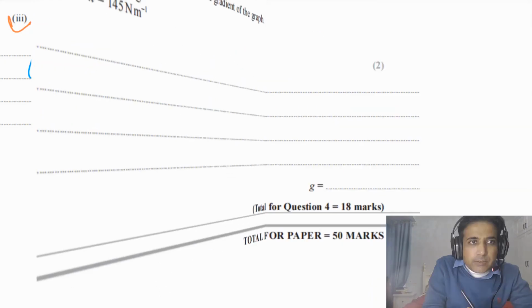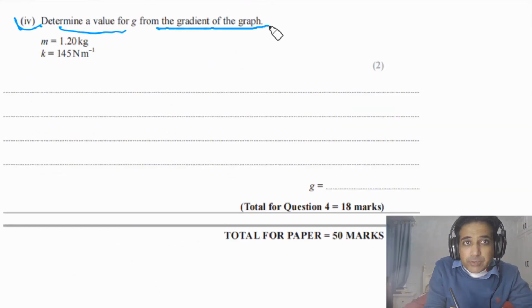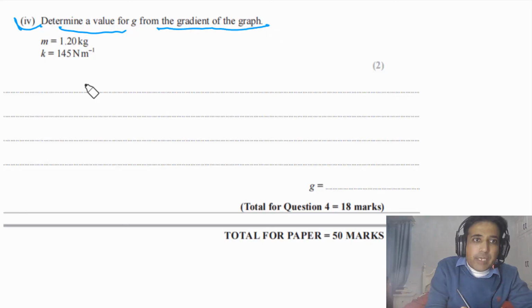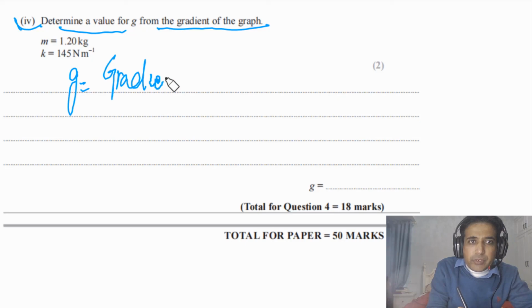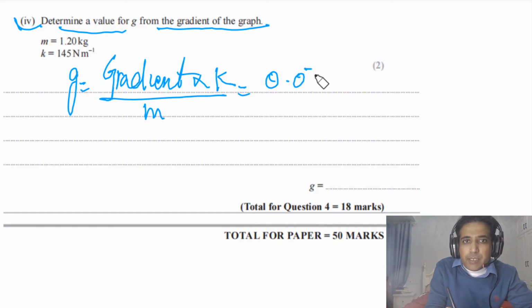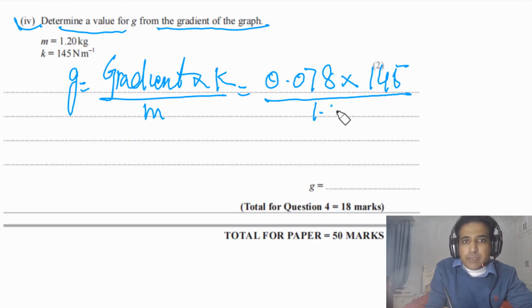Question 4 says determine a value for g from the gradient of the graph. We have already discussed in the previous part that g is equal to gradient times k divided by m. The value of the gradient we have calculated was 0.078, k is given to us, that is 145, and the value of m is given, that is 1.20.